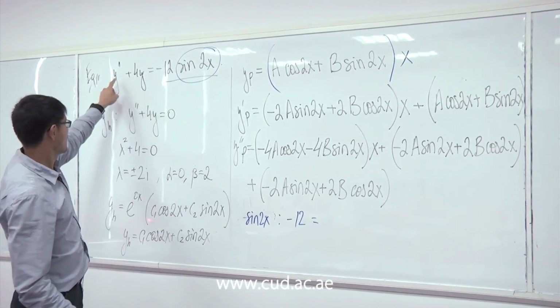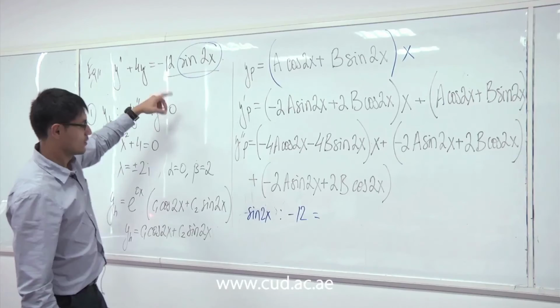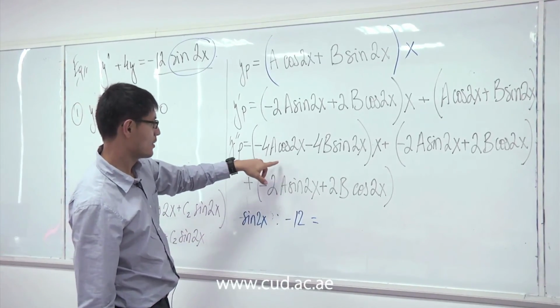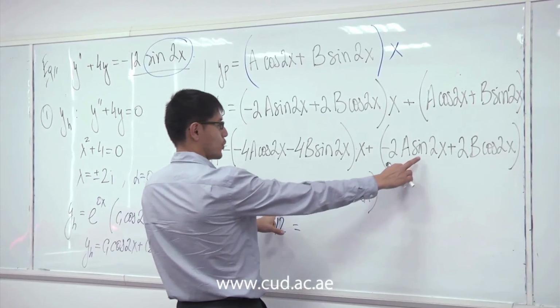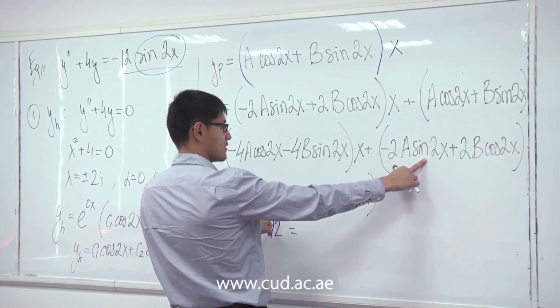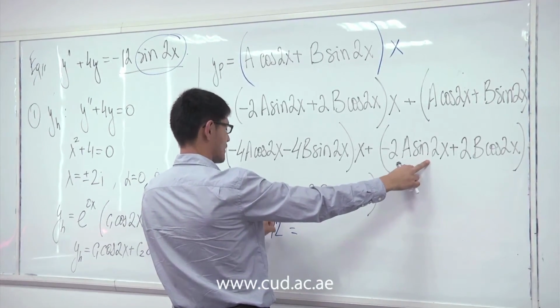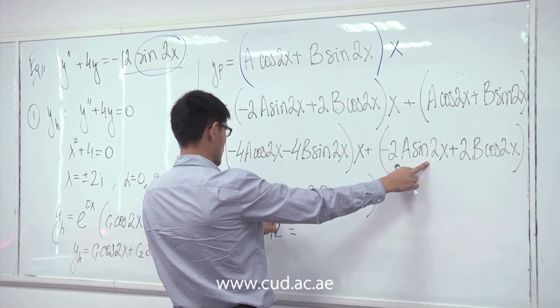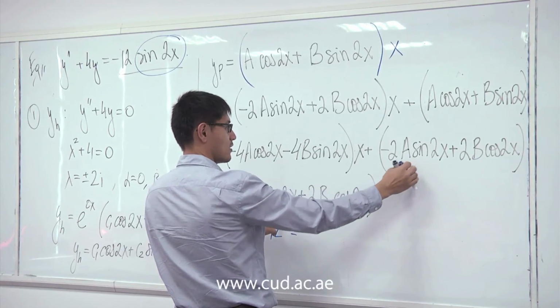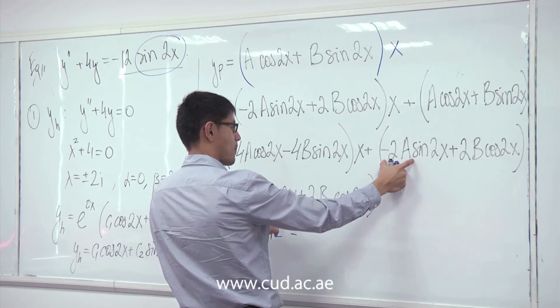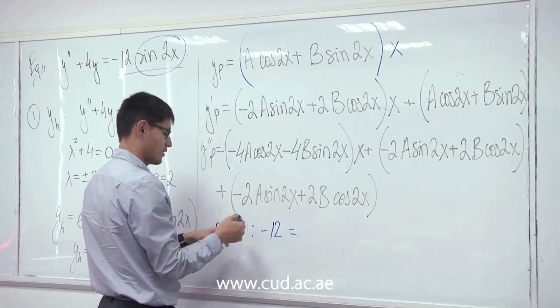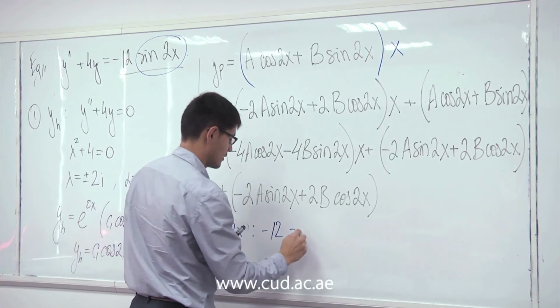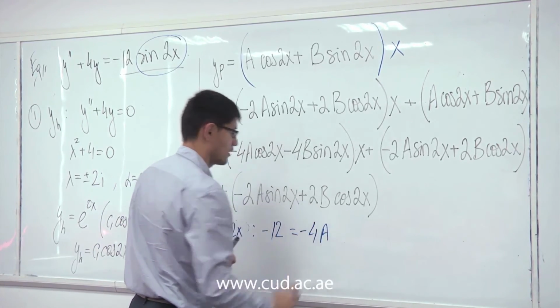And what would be the coefficient of sine 2x on the left-hand side? Well, I have y double prime. In y double prime, I have 2 terms with sine 2x. And what is their combined coefficients? Well, this part gives me negative 2a, and this part also gives me negative 2a. So I get negative 4a.